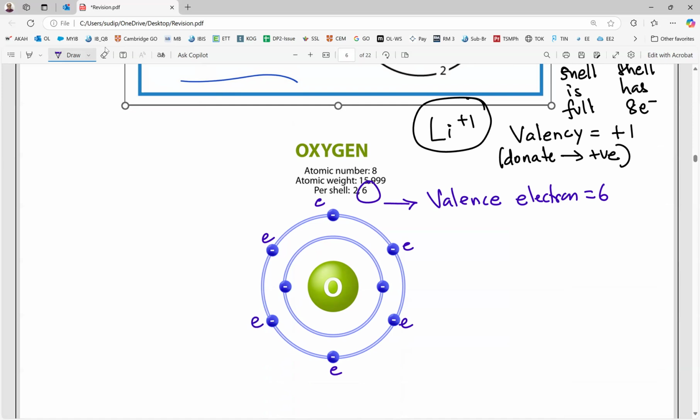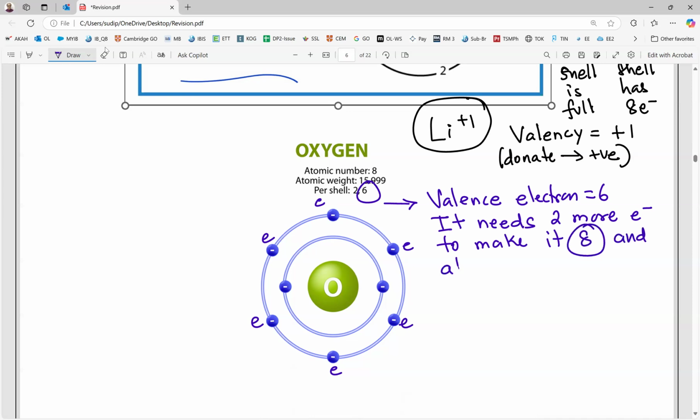So valence electron is 6, which means it needs 2 more electrons to make it 8, you see, and attain stability due to the octet rule.